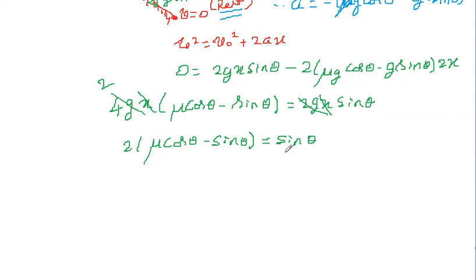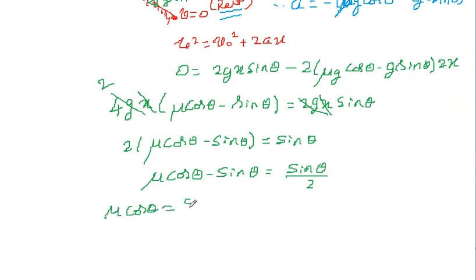Now I bring this 2 to the denominator on the RHS. So it is mu cos theta minus sine theta is equals sine theta divided by 2. Now bring this sine theta on this side. This will be mu cos theta is equals sine theta by 2 plus sine theta. Otherwise, mu cos theta is equals 3 by 2 sine theta.